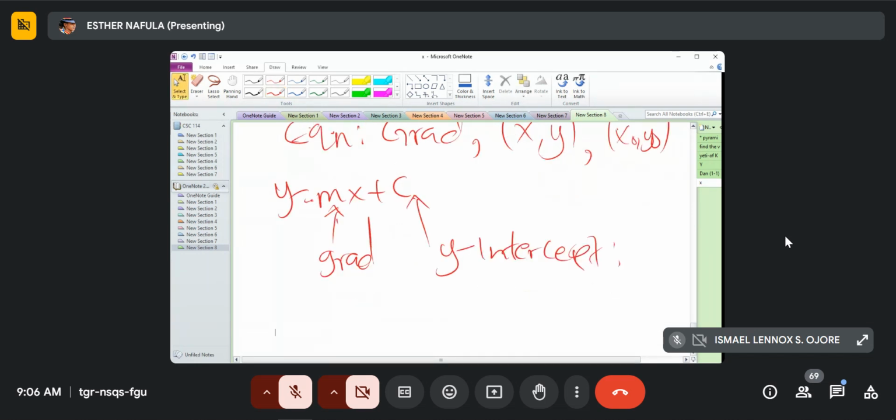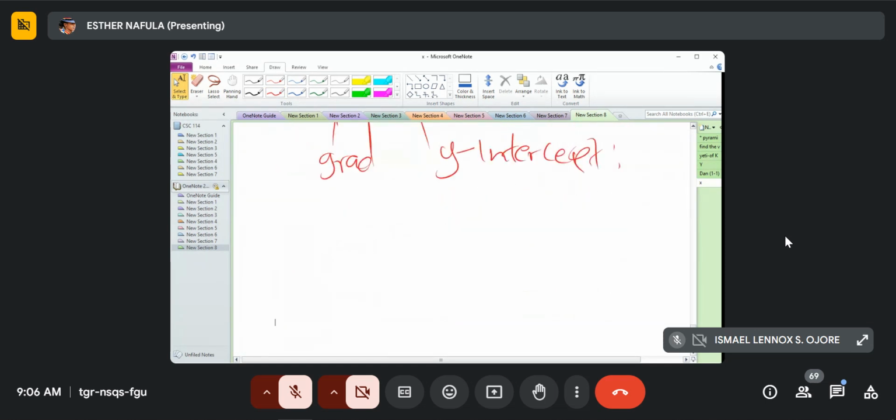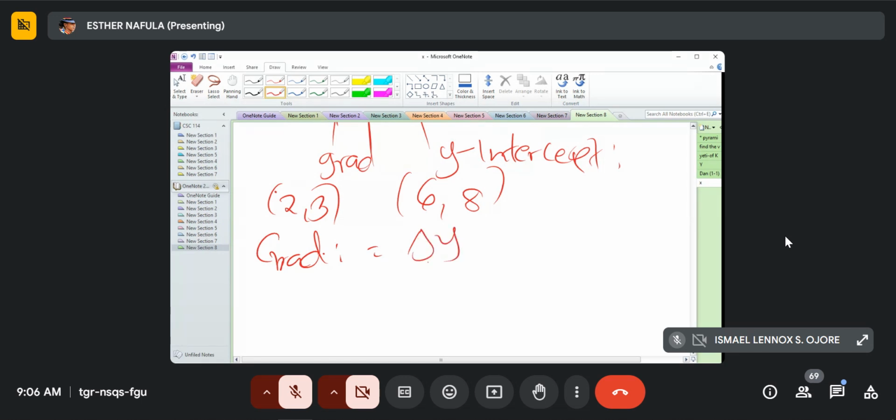So to get an equation in the form y is mx plus c, assuming you are given 2 points, say 2, 3, and maybe 6, 8. The first thing is you get the gradient given by change in y divided by change in x. This would be 8 minus 5 divided by 6 minus 2. This is 3 upon 4.